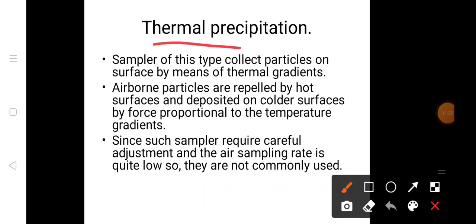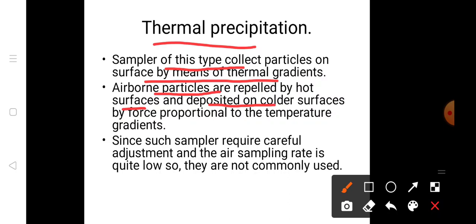The last type is thermal precipitation. Samplers of this type collect particles onto a surface by means of a thermal gradient. Thermal means related to heat. Airborne particles are repelled from the hotter surfaces and deposited onto the colder surfaces.